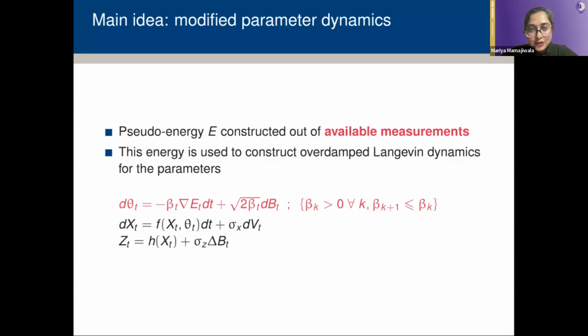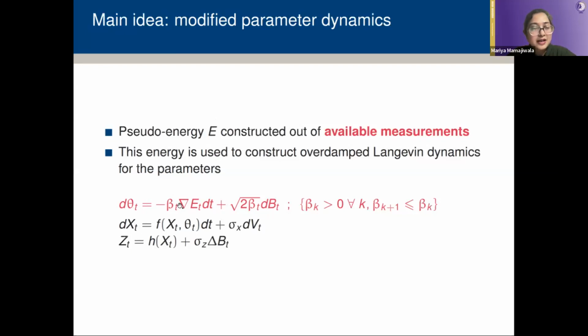So I come to the main idea. The idea is to construct a pseudo energy using the measurements, and then use this energy to construct a Langevin diffusion equation. So assuming I knew what this E was, this is what the parameter dynamics would look like. Here, beta is a temperature-like quantity, and it relates to mobility.